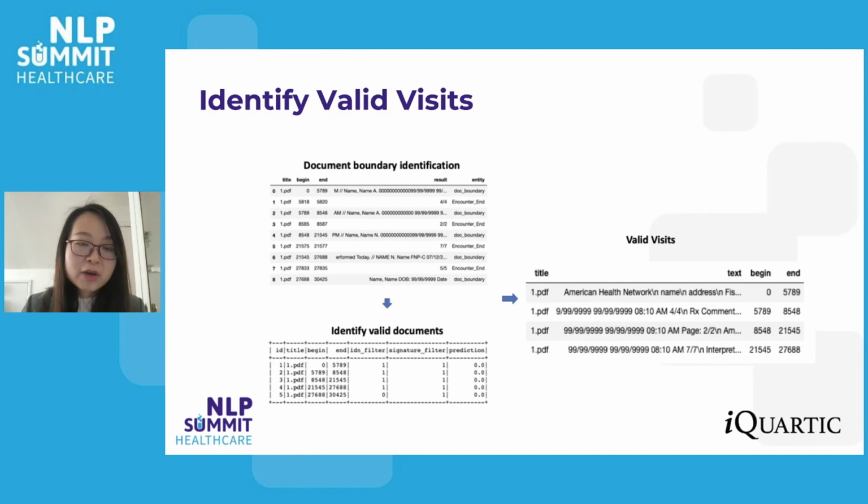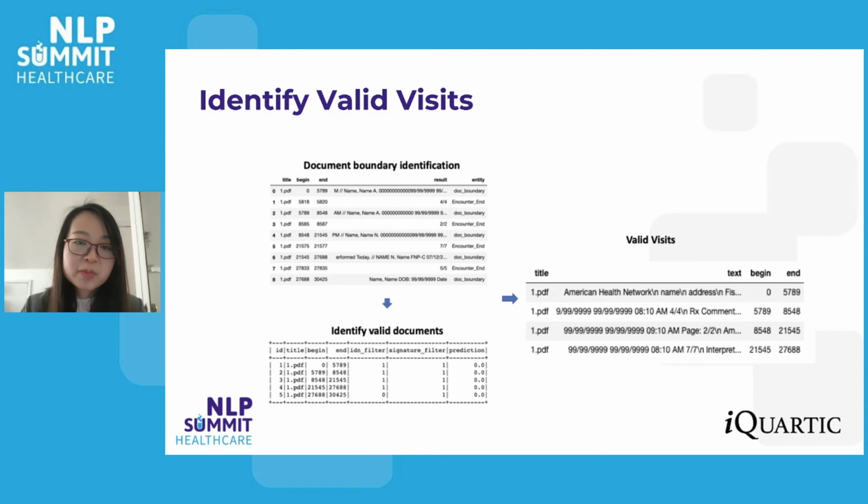After we have that information, we go on to extract our valid visits. So here are the results. We can see in this particular file with 19 pages, we have a total of five encounters. Of the 5 encounters, 4 are valid visits with all the criteria satisfied.